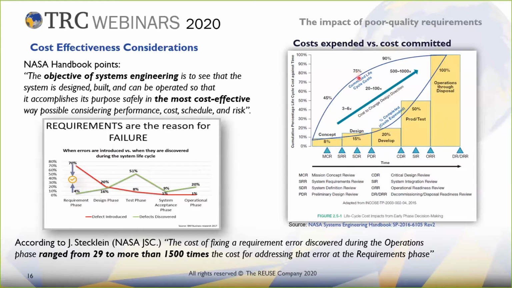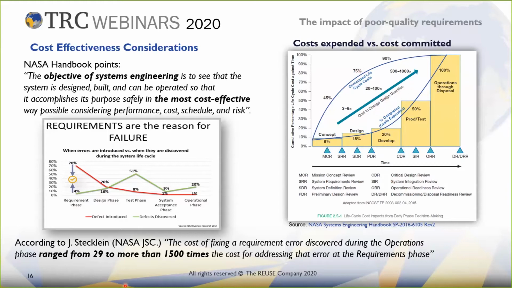That means that with the decisions and the concept that you have already developed, 75% of your project costs are already committed. So changes for defects detected later will imply a big cost in your project.